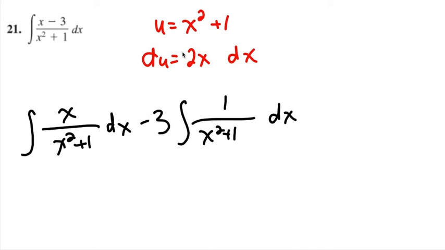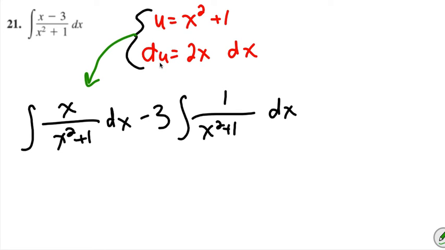So now if I use this information right here in this part, it'll work. All we need to do is take this 2 and move it over. So we can say 1/2 du is equal to x dx. And that is what will allow us to substitute some stuff in here.